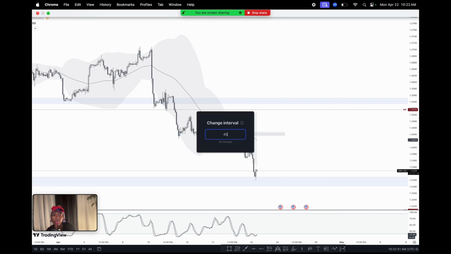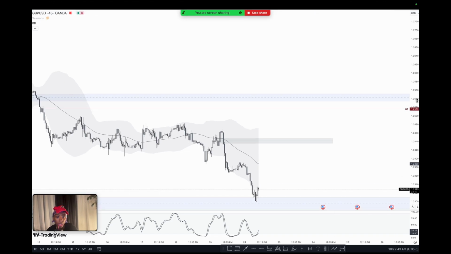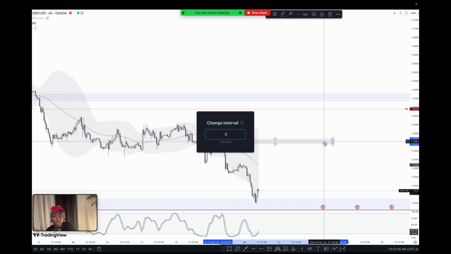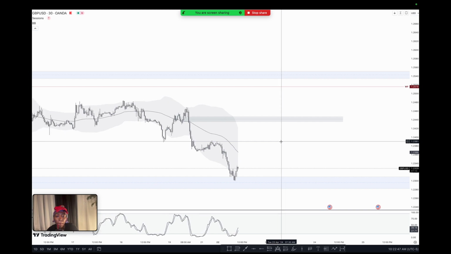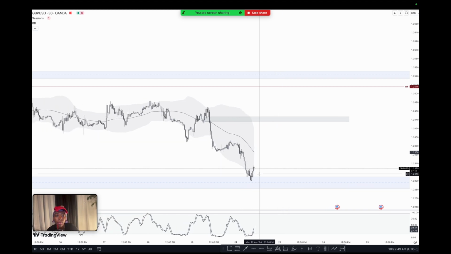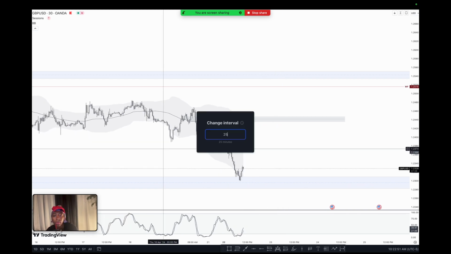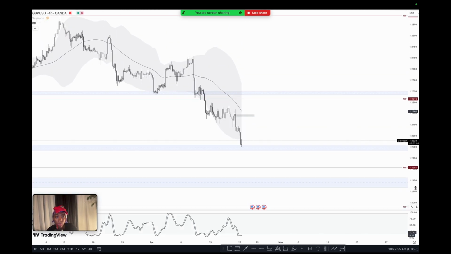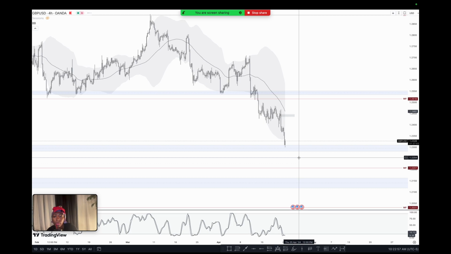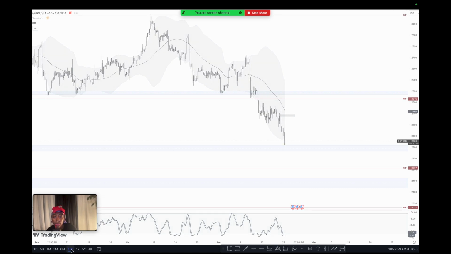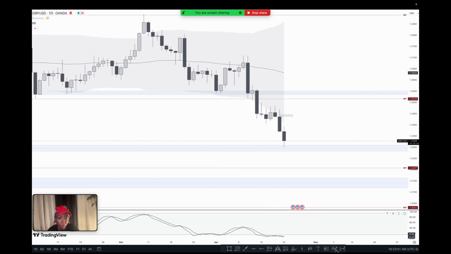Time frame, 45 minute, 30 minute, 240. Let's put those period separators on there so we know, weekly.